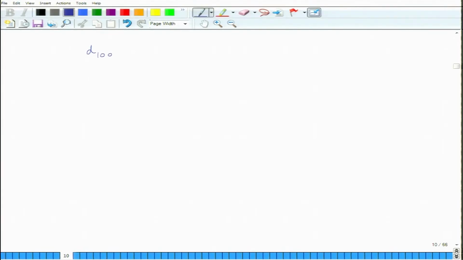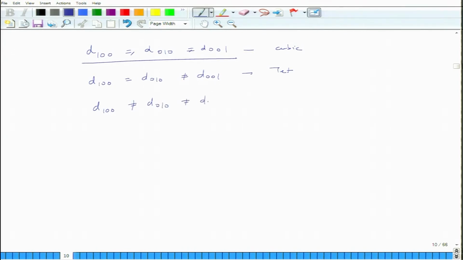So, D100, D010, D001 are all the same for cubic. In case of tetragonal, D100 is the same as D010, but it is not the same as D001. In case of orthorhombic, and for other systems, things are even different. So, this is just for orthogonal systems.